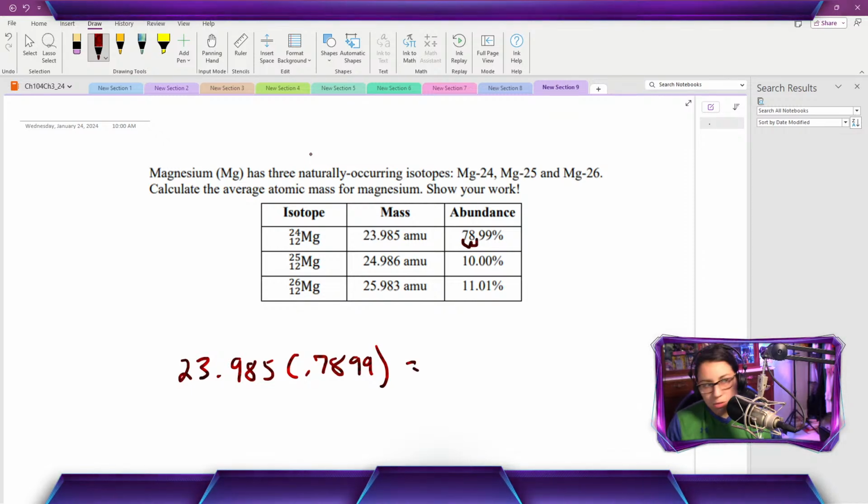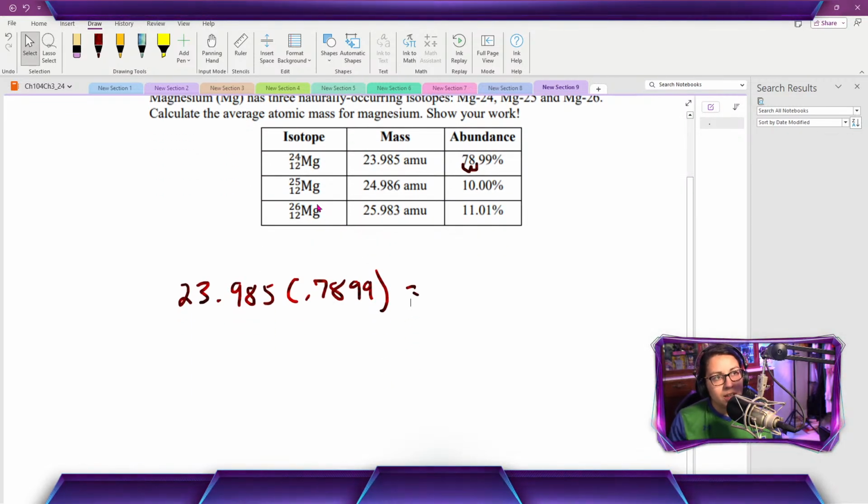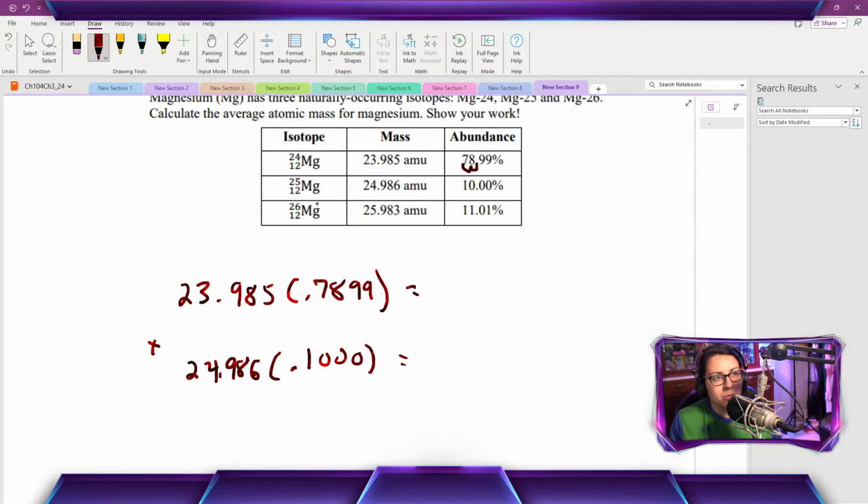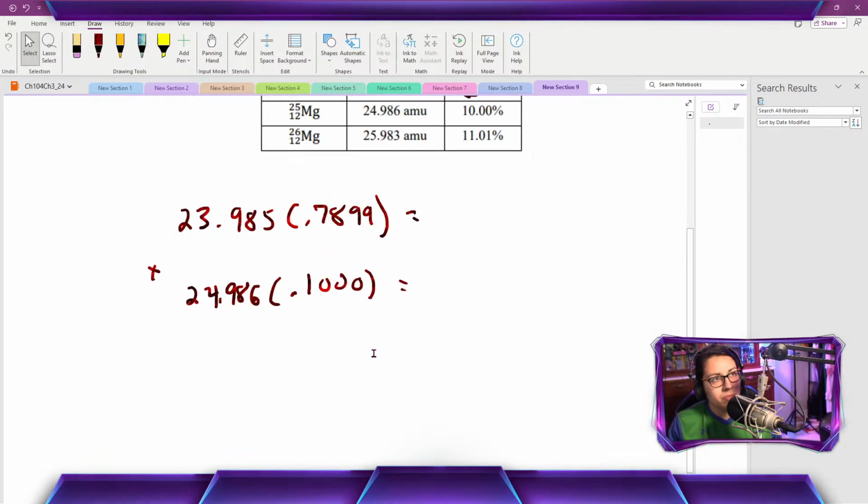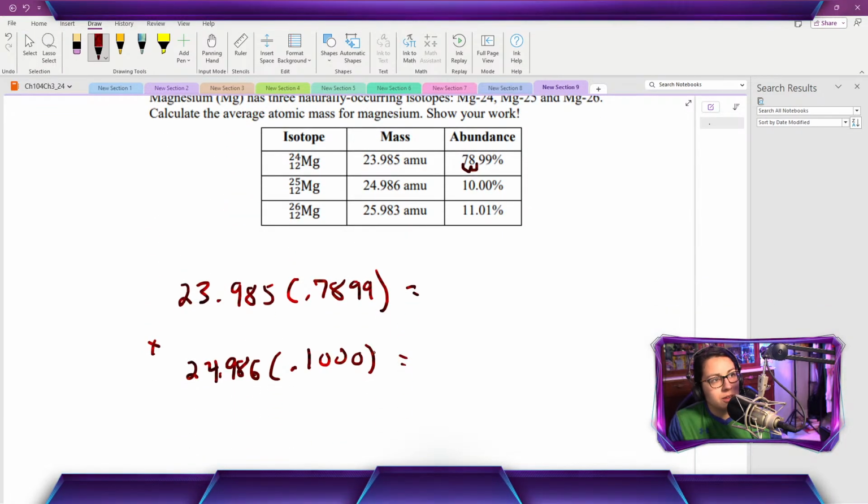You want to do the multiplication and keep the sig figs, so I'll set up everything. But you want to go step by step. You don't want to punch everything into the calculator, because you might lose track of your sig figs. So I'm just setting up our work.